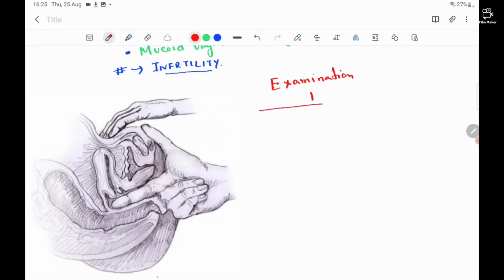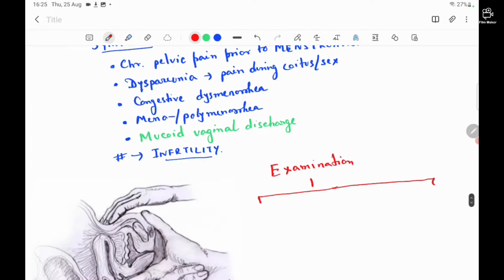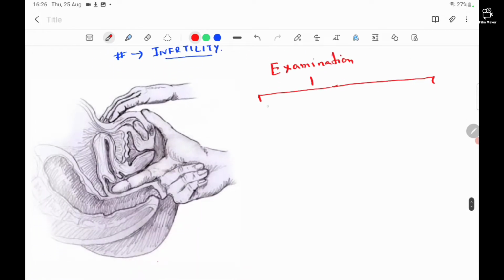Basically, there are three modalities of examination: per abdomen examination, per vaginum, and per rectal examination.